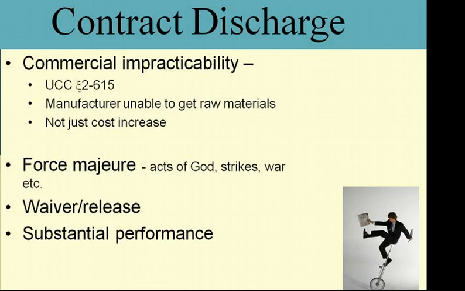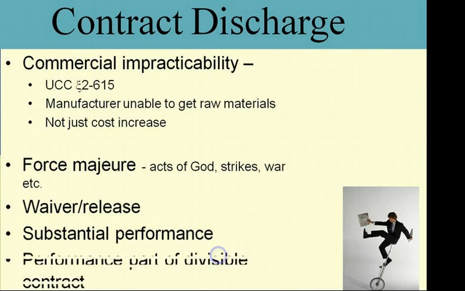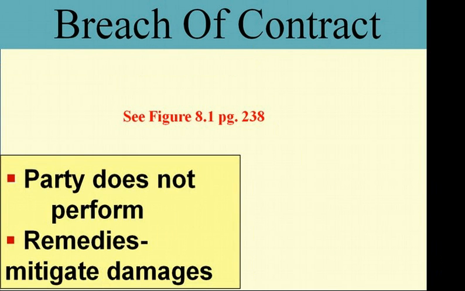And a contract is discharged with substantial performance. They did almost everything. The other party may get some monetary damages for what they lacked, but they cannot just not perform themselves. And so a breach of contract, look at figure 8.1 on page 238. Party does not perform. There are certain remedies, and one party needs to mitigate damages.